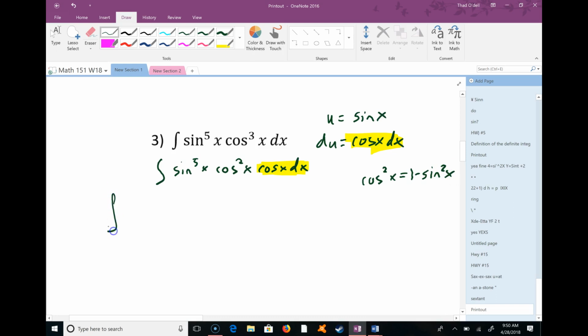So then I can rewrite this as the integral of sine of 5x times 1 minus sine squared x times cosine x dx.